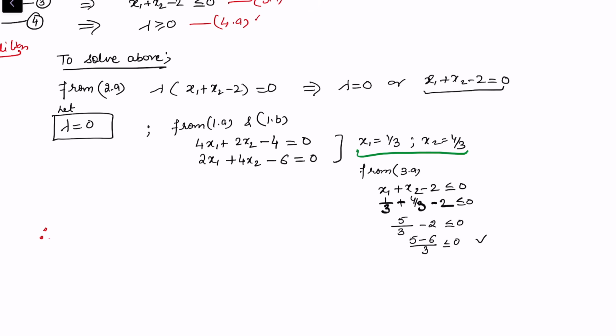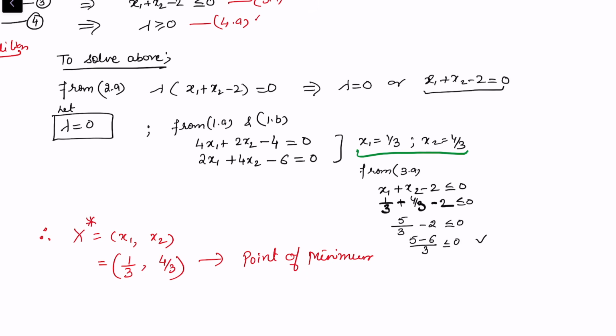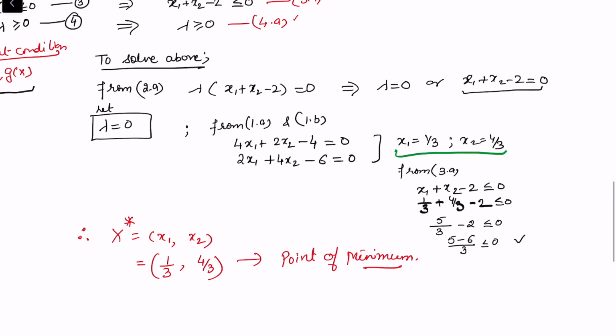So we will say that x star, which is (x1, x2), and here in this case we got 1 by 3 and 4 by 3, is a point of minima. Why a point of minima? Because we have converted this into a minimization objective function. And once we calculate f of minimum value at x star, we got this as minus 483 by 9.